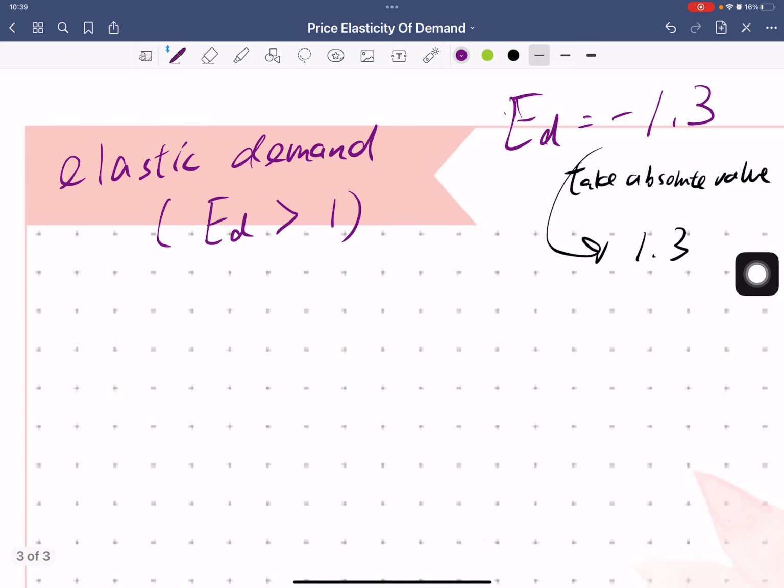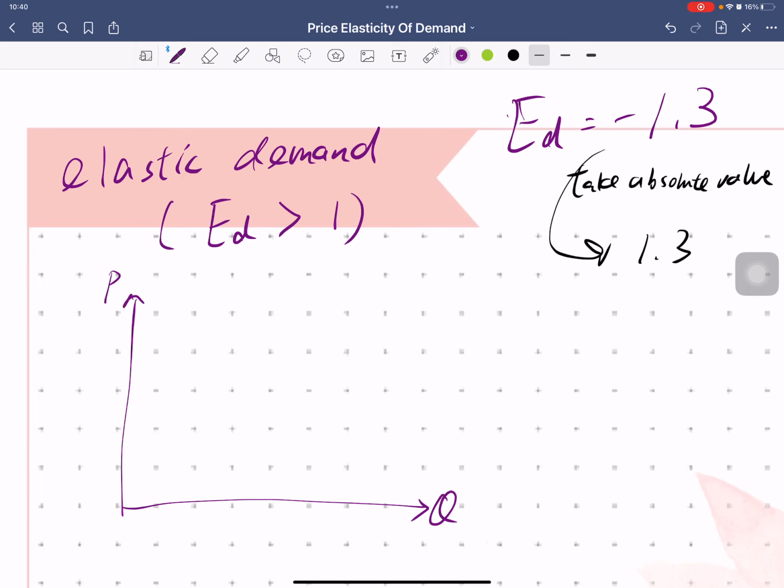So how do we represent it in the diagram? We have the x and y axis, price and quantity, and the downward sloping demand curve. We have to notice that the midpoint is here. So the part of elastic demand should be here.